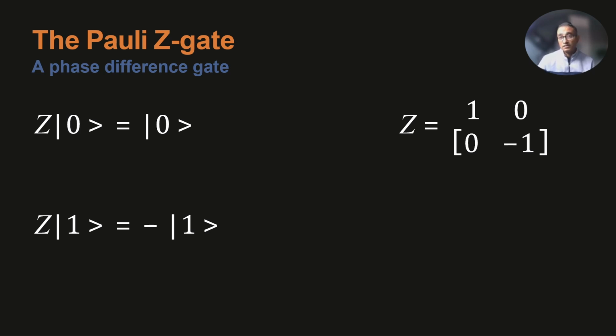And you can mathematically prove this if you just apply the linear algebra, the matrix and vector multiplication. You will see the output that you get when you apply the Pauli Z gate on state 0 and 1. So it's not very hard to prove.